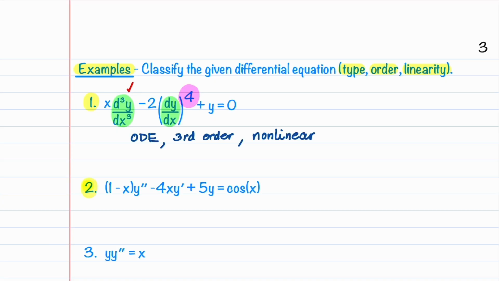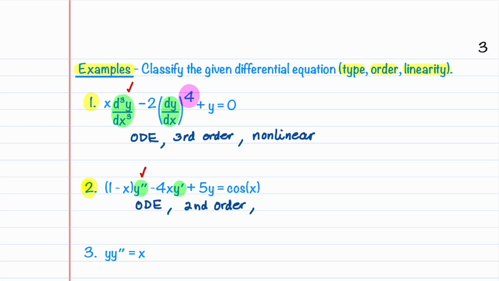Let's now look at our second example. In this example, we have ordinary derivatives, y double prime and y prime. So this is an ODE. The highest order derivative is a second derivative. So this is a second order differential equation.